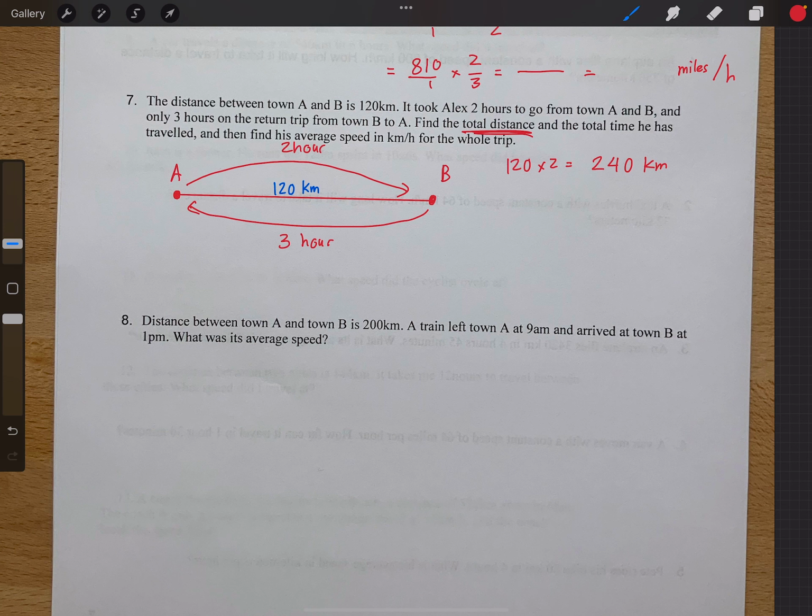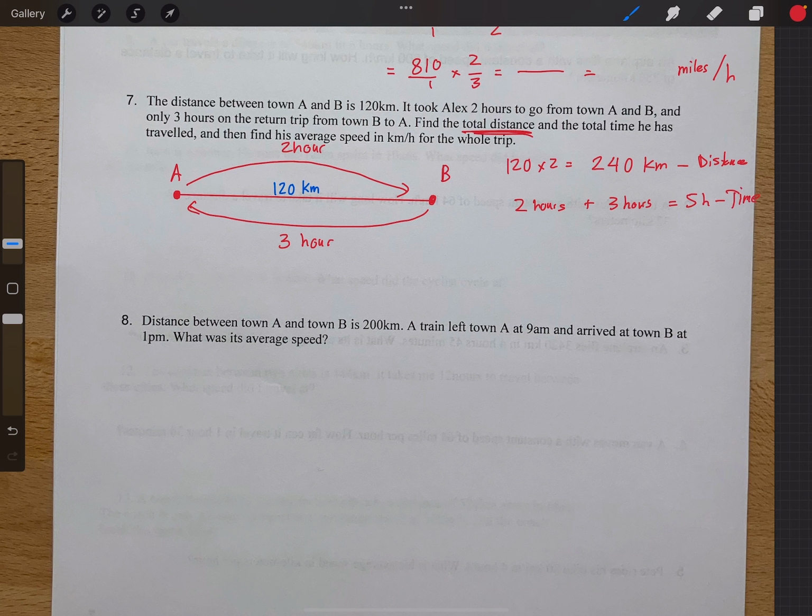Now it says find the total distance and the total time he has traveled. So the total distance is that much. And let's look at the time. How long did it take him to travel? Well, it took him 2 hours plus another 3 hours, and that'll give me 5 hours. And that's the time.